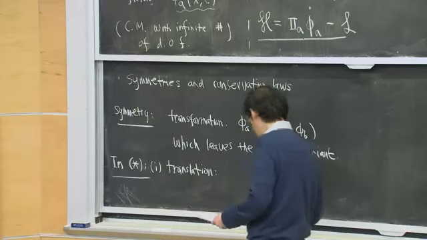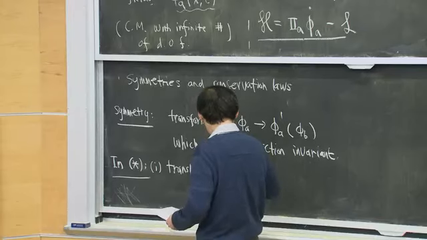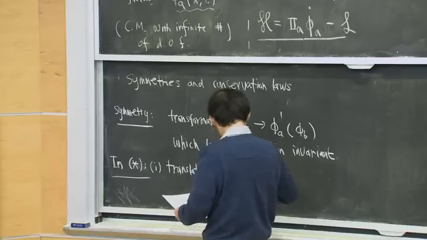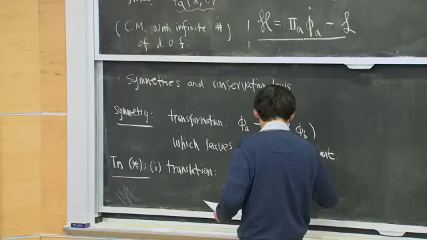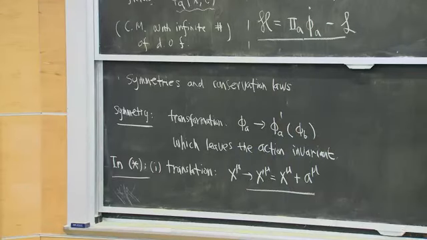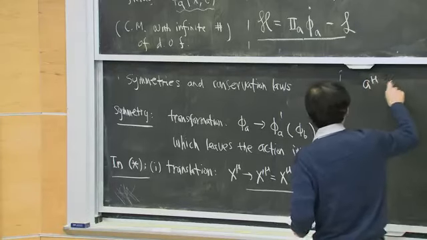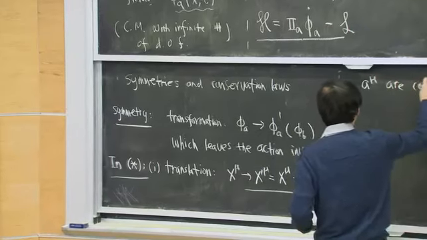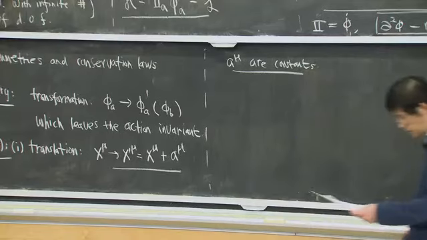Okay, so if you imagine we take a coordinate transformation, we do a shift in coordinates by a constant shift. Let's imagine we do a constant shift of the coordinates, and A mu is a constant. So A mu are constant, so it's a constant vector.